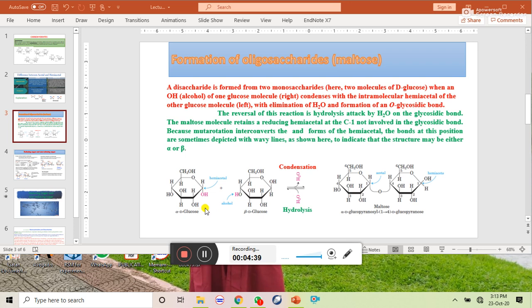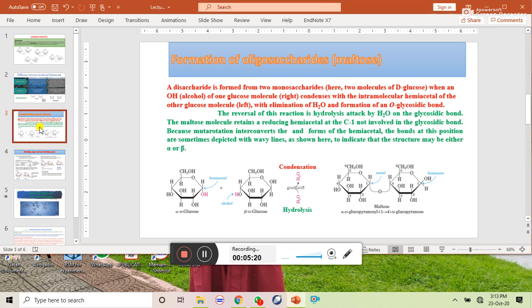When we combine these two glucose molecules, alpha glucose and beta glucose, the phenomenon is called a condensation reaction. Now you can see here alpha glucose. In alpha glucose, this carbon atom is attached to four other groups: OR, R, H, OH.